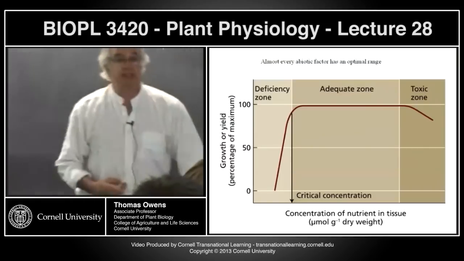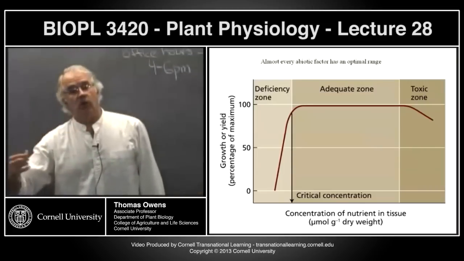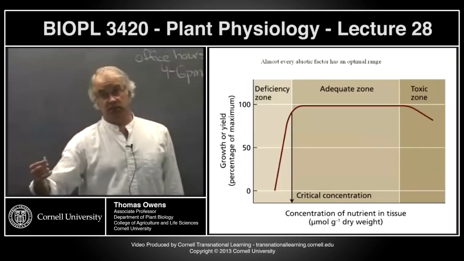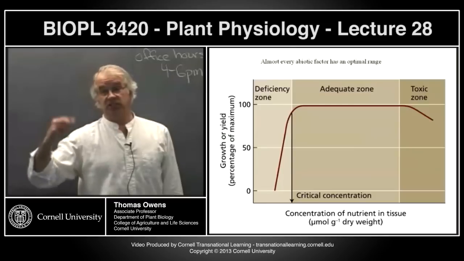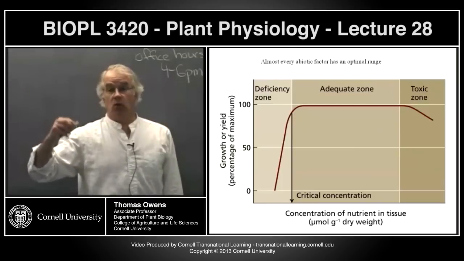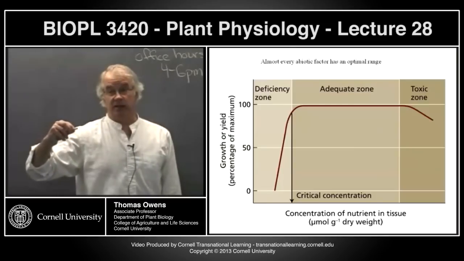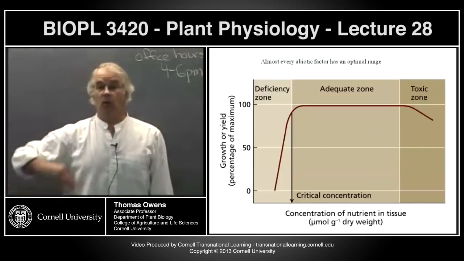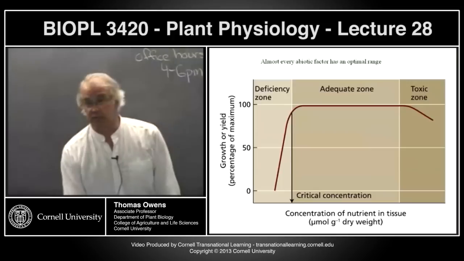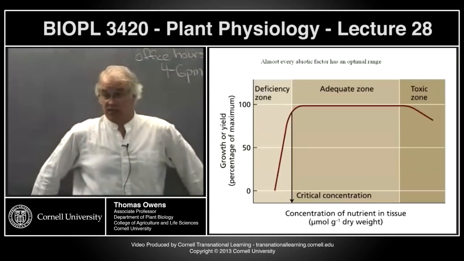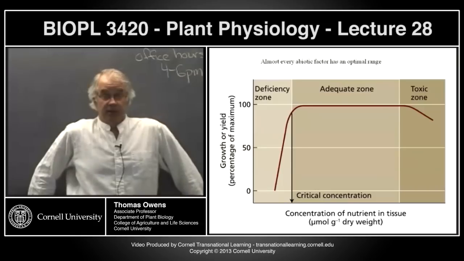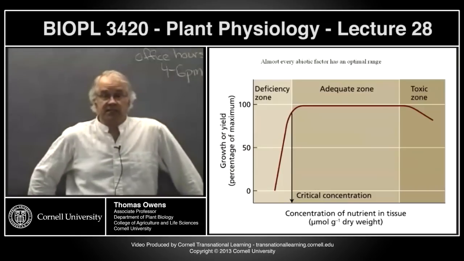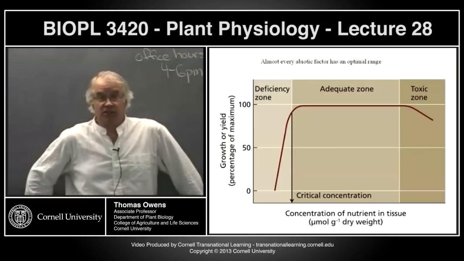The first thing we should be thinking about is how does the plant sense changes in this environment in a way that's going to specifically tell it, change your membrane composition because it's too cold, or make more photosynthetic machinery because the sunlight is too high. How are these things sensed? Obviously, it's a signal transduction pathway.